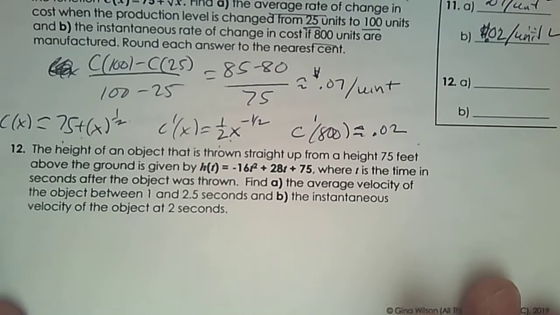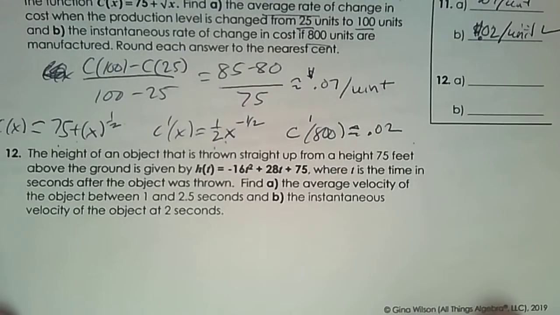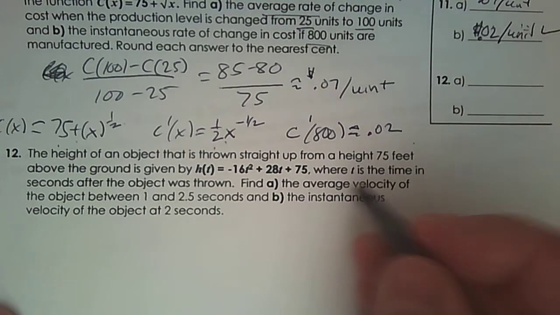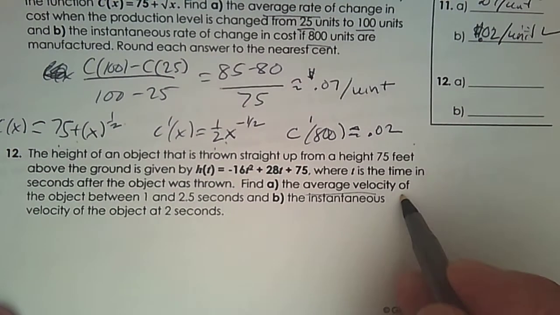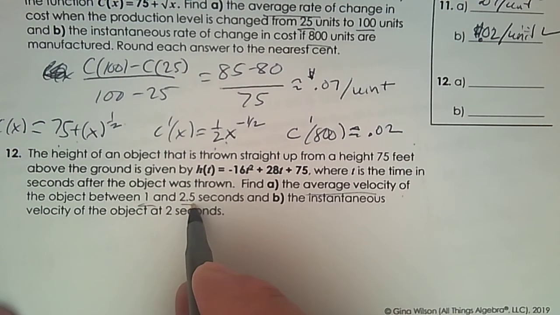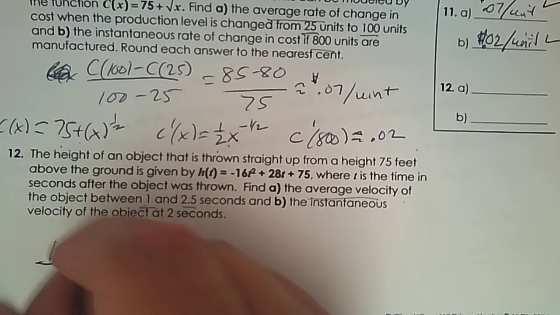All right, 12. The height of an object that is thrown straight up from a height of 75 feet above the ground, where t is in time, is thrown. So first step is find the average velocity, and it's between 1 and 2.5 seconds. So this is a slope formula.